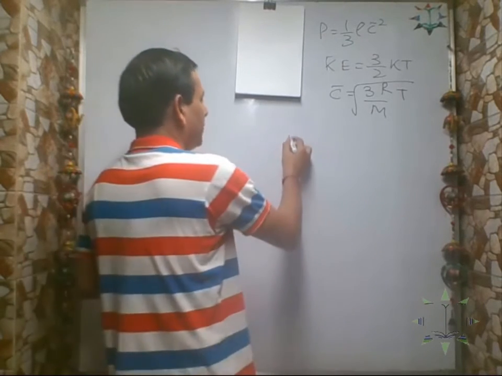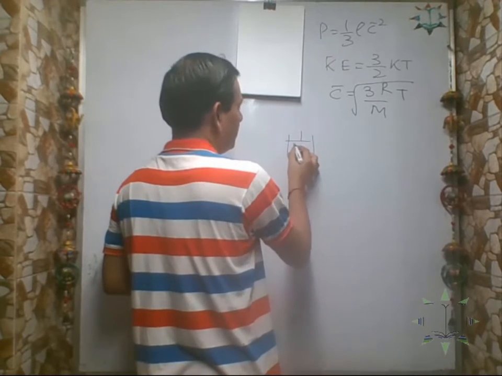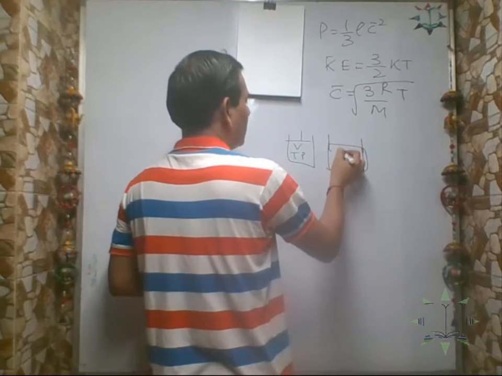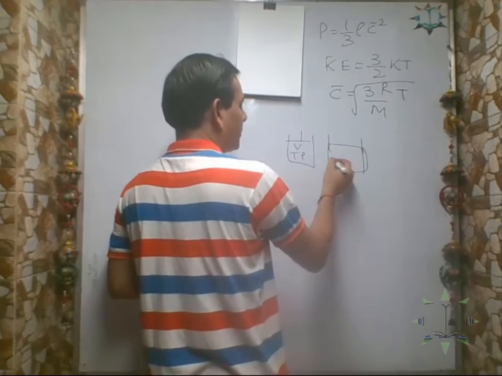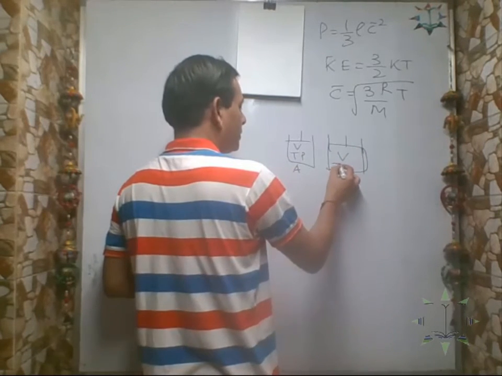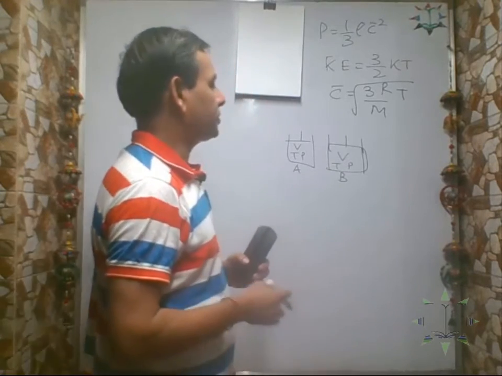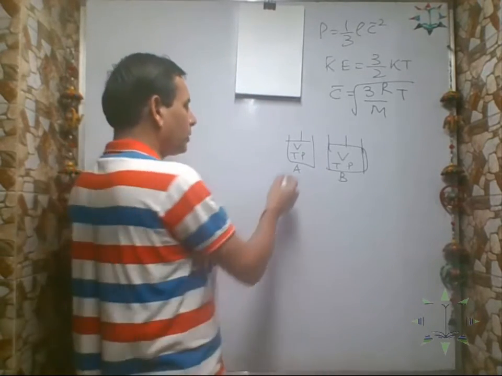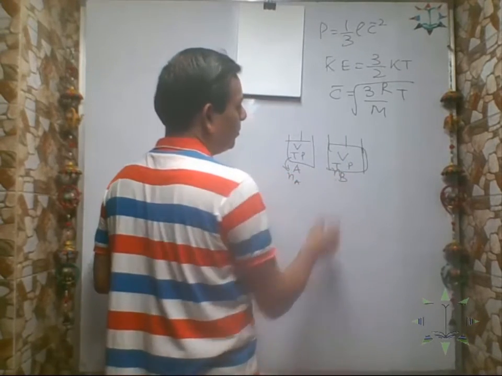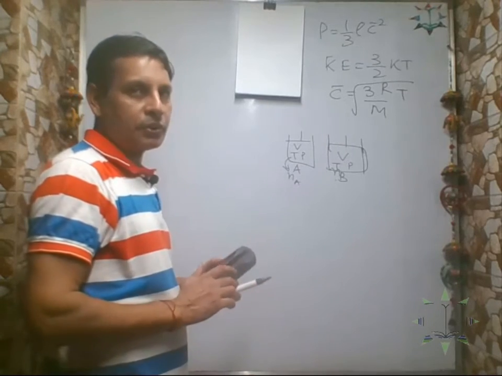If you take gas A in a gas jar having temperature T, pressure P, volume V, and another different gas, gas B, having volume V, temperature T, pressure P, then the number of molecules in gas A will be the same as the number of molecules in gas B. This is called Avogadro's law.